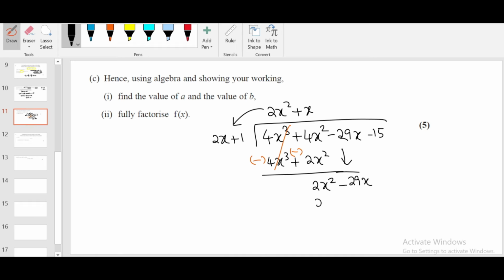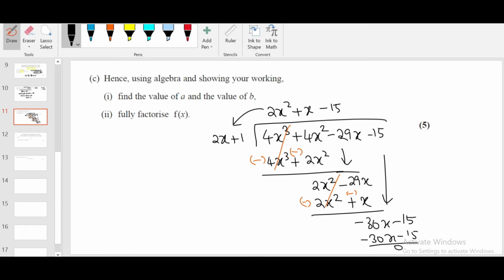So you will get 2x square plus x. And then change the sign. This will be cancelled. You'll get minus 30x. Bring down the next term, minus 15. Multiply by minus 15, you'll get minus 30x minus 15 becomes 0.